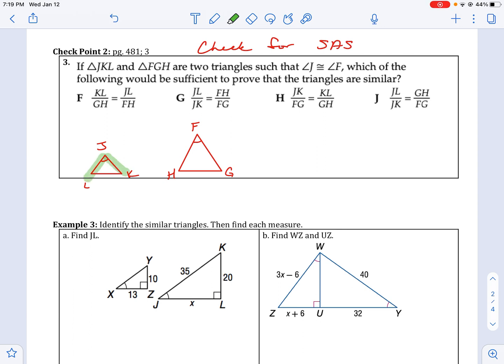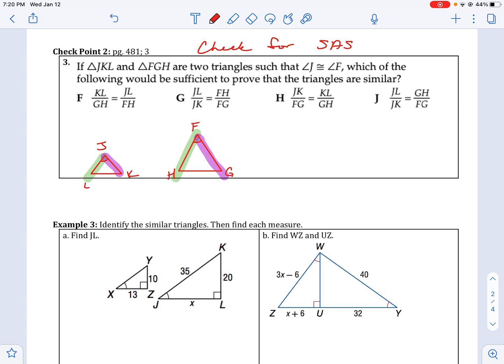So in this triangle I need these two sides. So let me do that in a different color. Let's go purple, why not? So I need those pairs of sides to be proportional to have side angle side similarity. So I need JL and FH, and I need JK and FG.